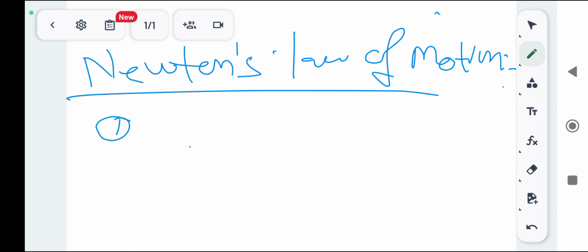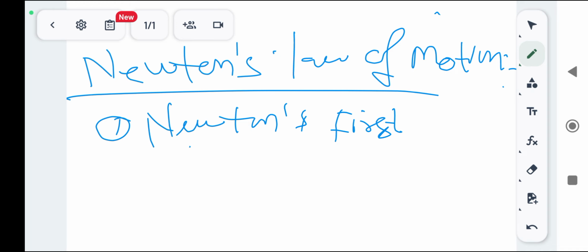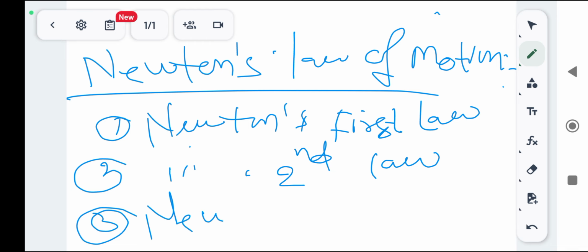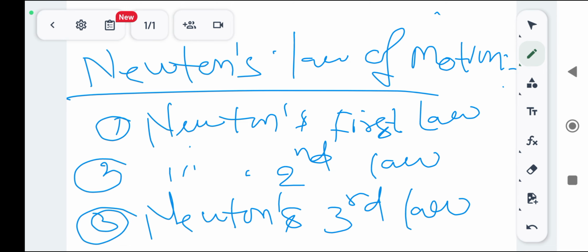There are three laws of motion: Newton's first law, Newton's second law, and Newton's third law.